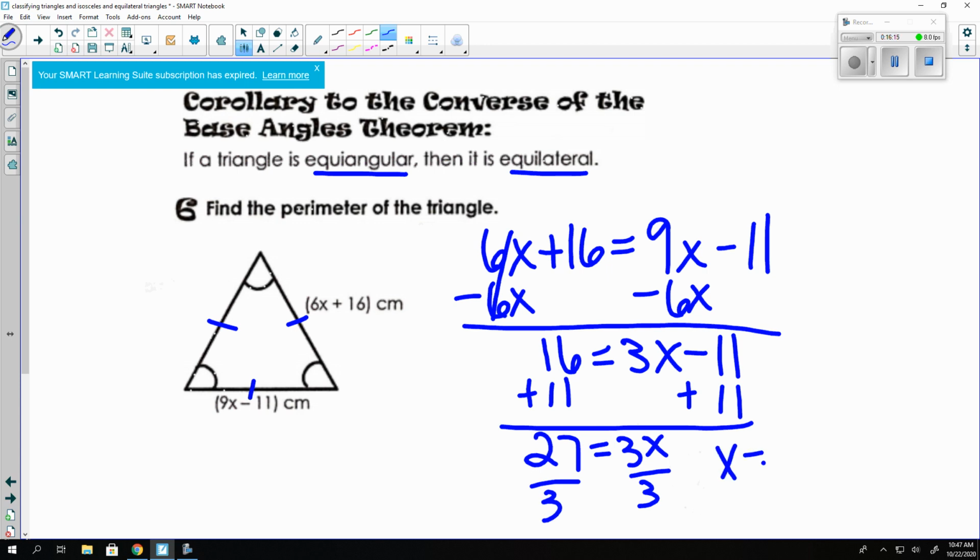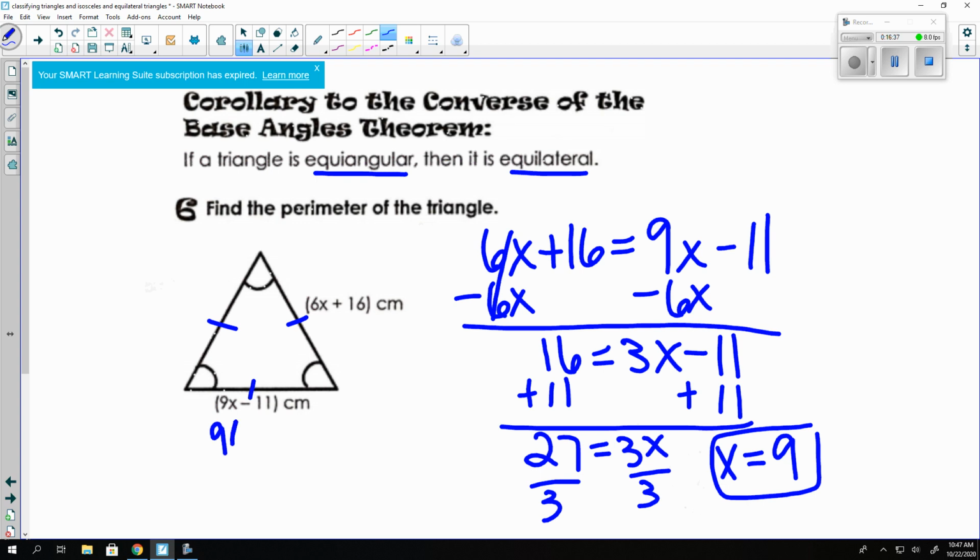So x is 9. All right. And then it says find the perimeter of the triangle. So we have to actually go one step further here. We have to plug in x is 9, and then we'll know all 3 sides because they're all the same. And then we're going to find that perimeter, which you have to add the 3 sides.